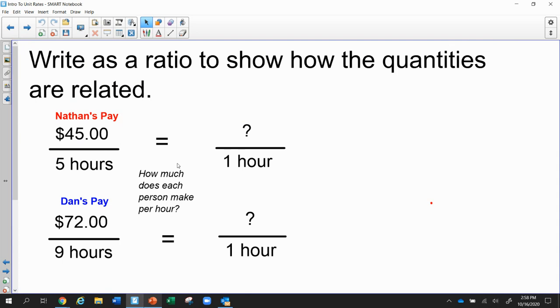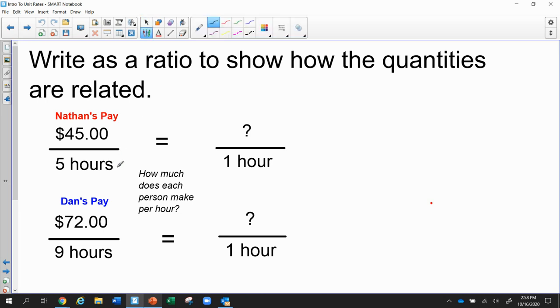To do that, we write their pay as a ratio. So Nathan, he made $45 to 5 hours. So we write it as 45 to 5, $45 for 5 hours. Dan's pay was $72 for 9 hours, 72 to 9. So how much does each person make for 1 hour?